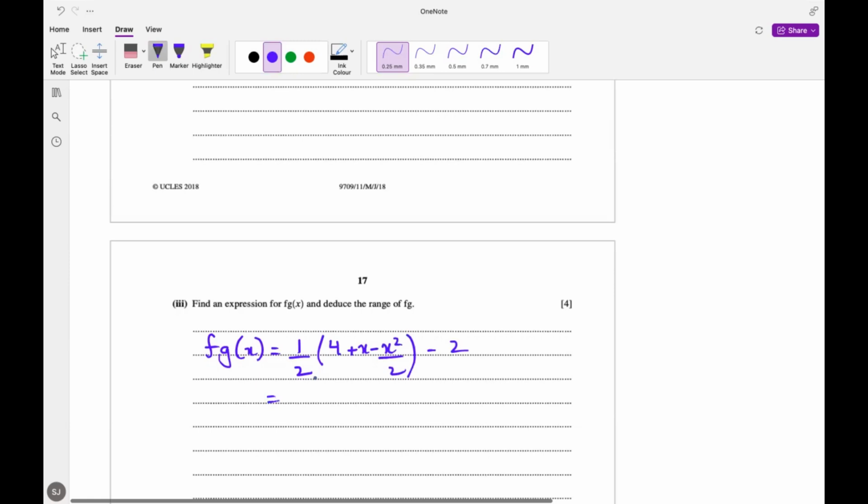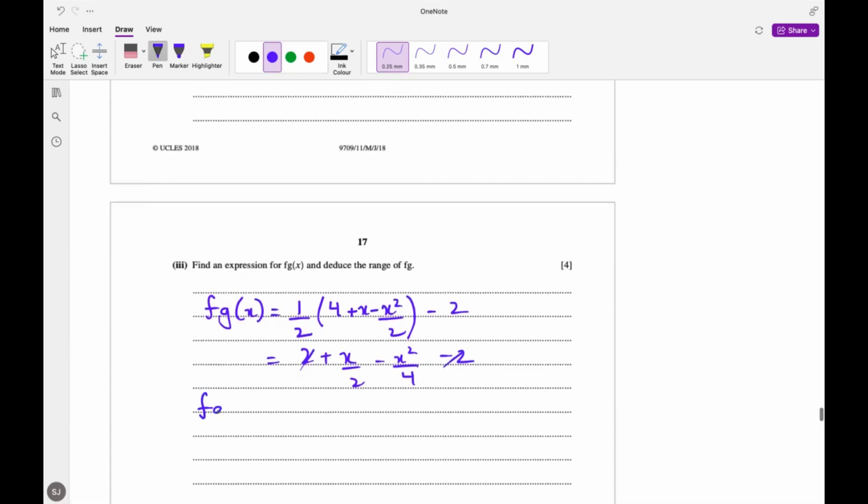Multiplying half by 4, we'll get 2 plus x upon 2 minus x squared upon 4 minus 2. 2 and minus 2 will cancel out. So the final answer for fg of x will be minus x squared upon 4 plus x upon 2.